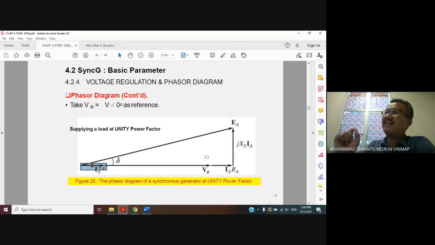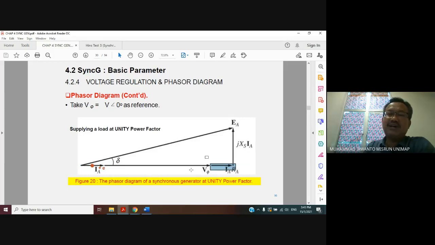Ya lukis IARA bermula daripada ujung vector phase voltage dan dia punya arah mengikut the direction of the IA. Ya. Jadi kalau dia ini IA kan macam ini ya. Ini kan parallel with the phase voltage. Arahnya macam ini juga untuk IARA.